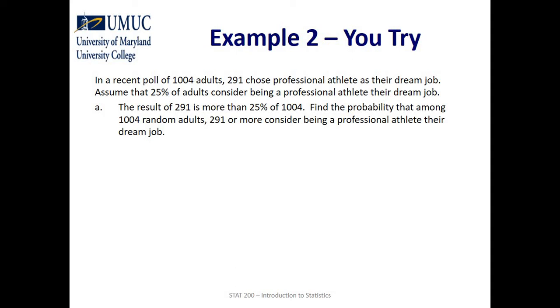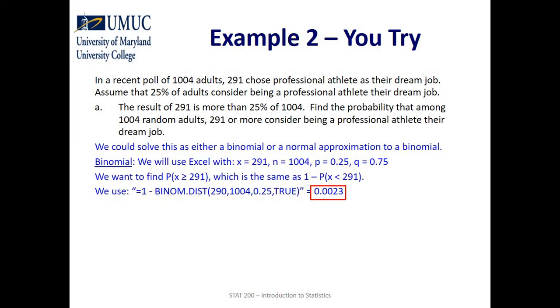want to pause it. Alright, so we could solve this as either a binomial or a normal approximation to the binomial. The nice thing is, like I said, we can use Excel using this TRUE function, which gives you the cumulative probability, which lets you actually do all those individual ones and add them all up. So what this is saying here is the probability of going up to 290, so 290 or fewer.